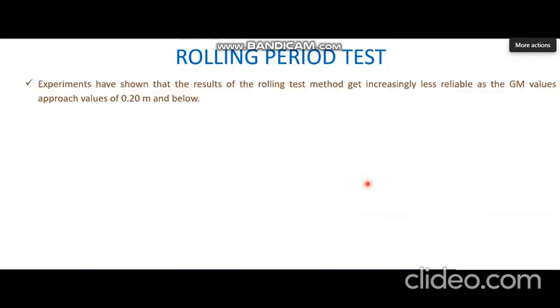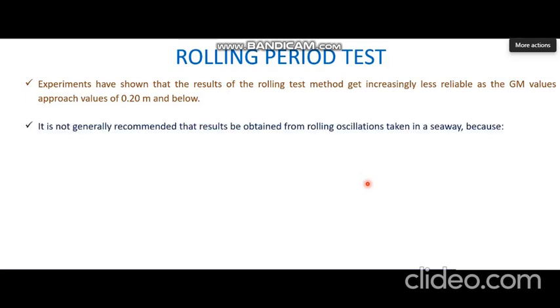Experiments have shown that results of the rolling period method get increasingly less reliable as the GM values approach low. They tend to be low. That means if they get to 0.2 and below, the results of the rolling period test become more and more unreliable. It is not generally recommended that results be obtained from rolling oscillations taken in the seaway. Why? Because in the seaway, she will be under the influence of waves, her own propulsion effect, and all those things will be there.